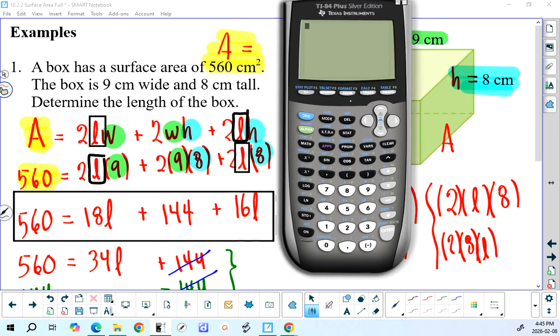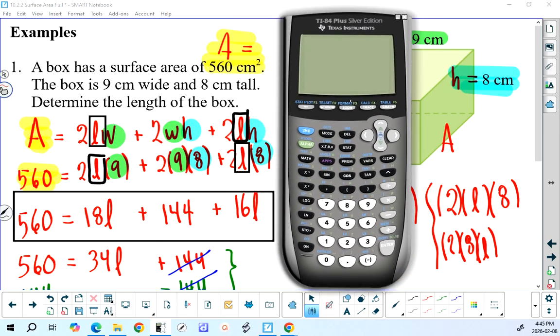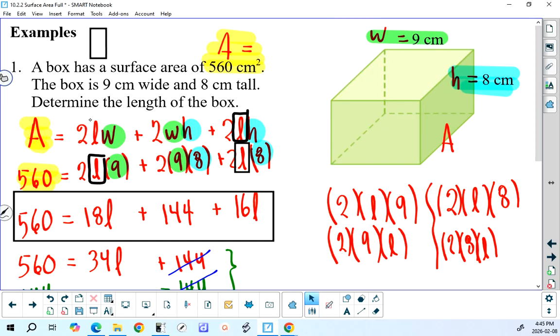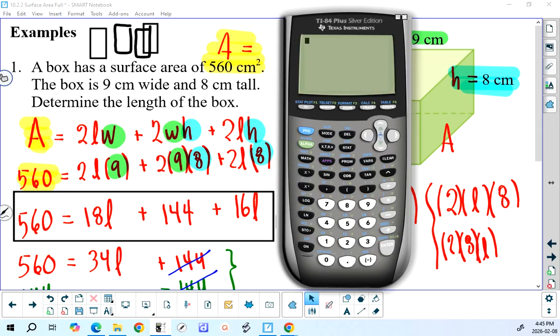So how would I find my surface area? Well, I'm just going to go back up to my initial formula. And I'm going to calculate everything with my answer in place of L. So I'm going to take 2 times L, which is my answer, times the width, which was 9, plus 2 times my width, which is 9, times my height, which is 8, plus 2 times the length, which is my answer, which is A, times my height, which is 8.